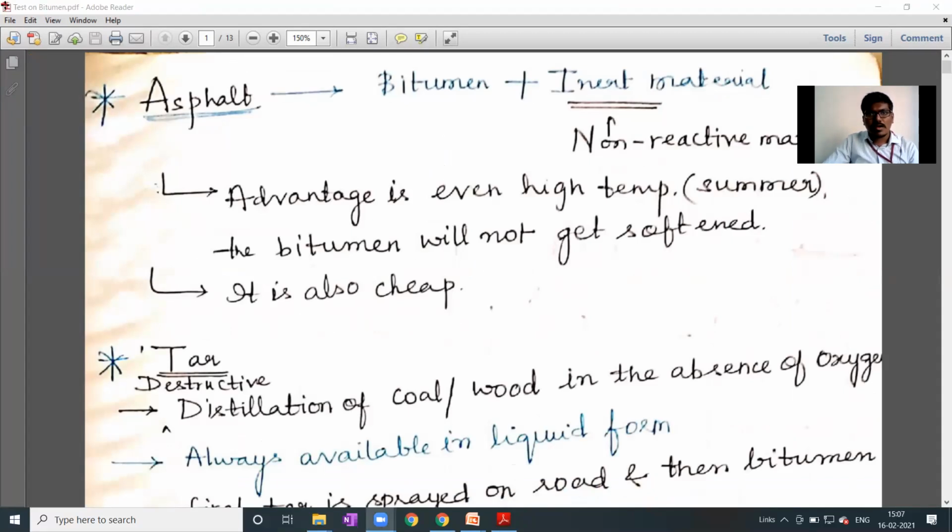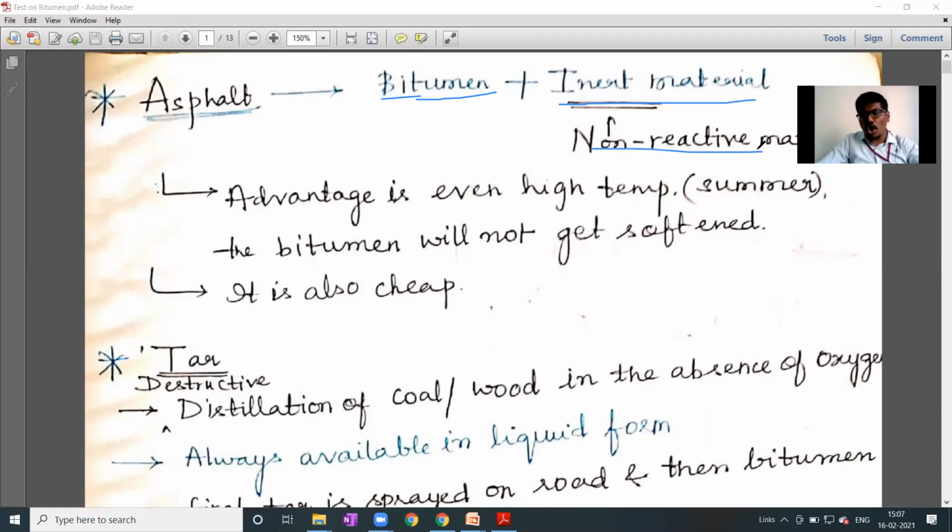Here you can see asphalt. I have written about the asphalt here. Asphalt is bitumen plus any inert, non-reactive material.